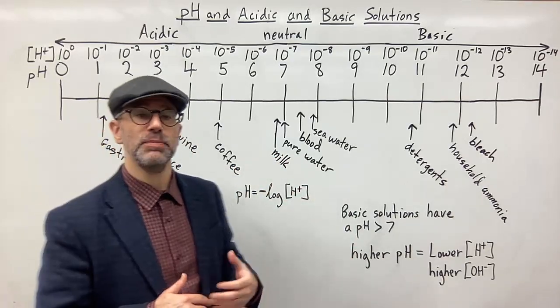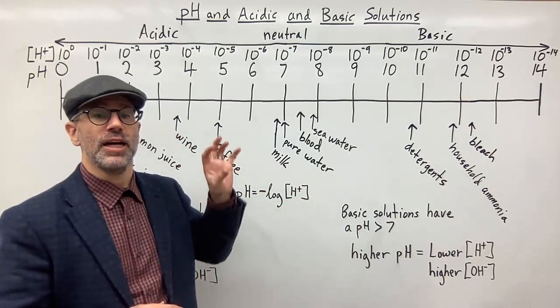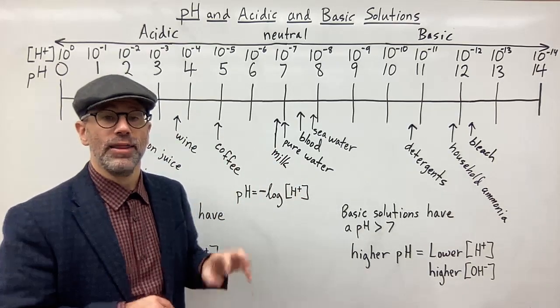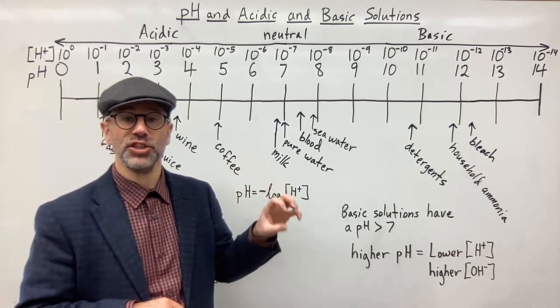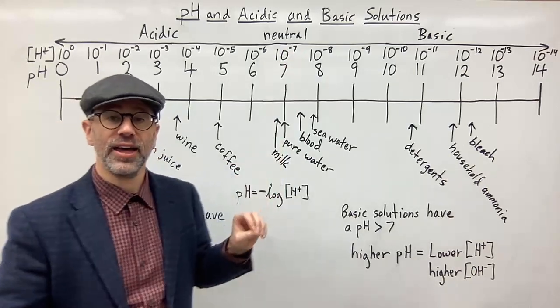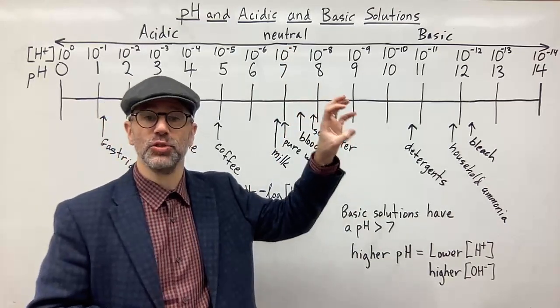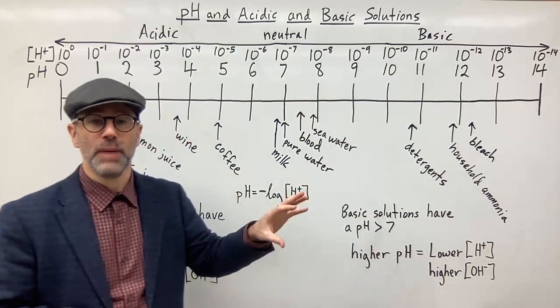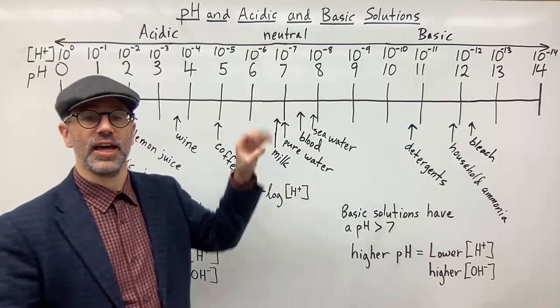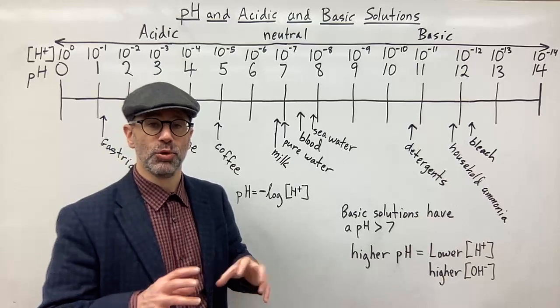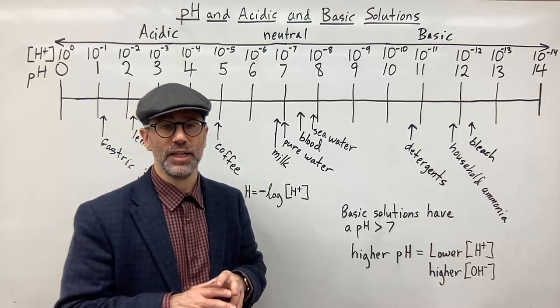But pH is a measurement of H plus alone. But you should know that if the H plus concentration goes up, then along with that, the OH minus concentration will go down. If the OH minus concentration goes up, then the H plus concentration will go down. But for pH, we're really focused on just the H plus concentration.